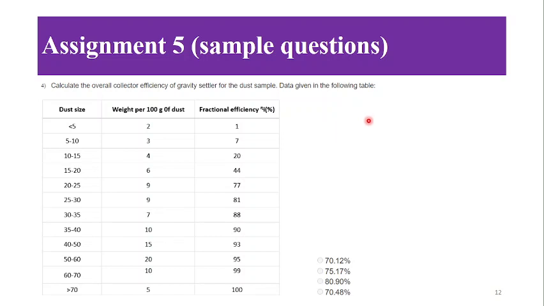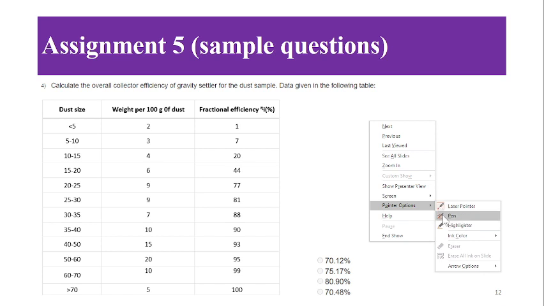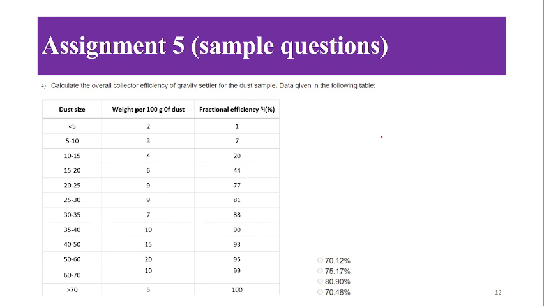The formula for overall efficiency is the summation of all fractions, the weight fraction multiplied by the fractional efficiency.